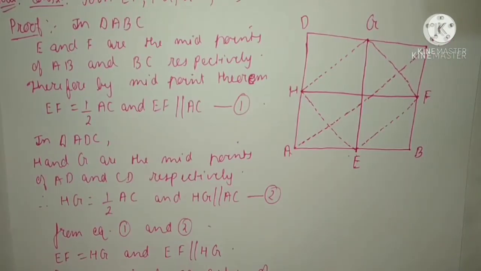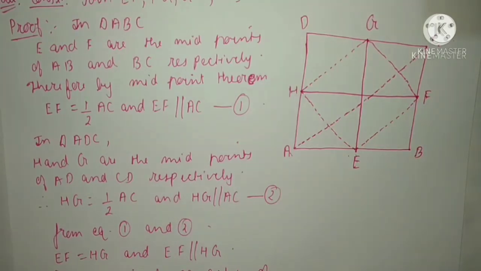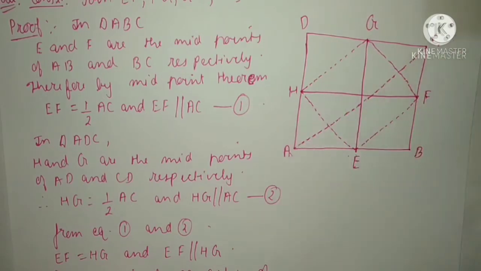Now see the next triangle, that is triangle ADC. In this triangle also H is the midpoint of AD and G is the midpoint of CD. So in this also by midpoint theorem this HG will be parallel to AC and will be half of AC.